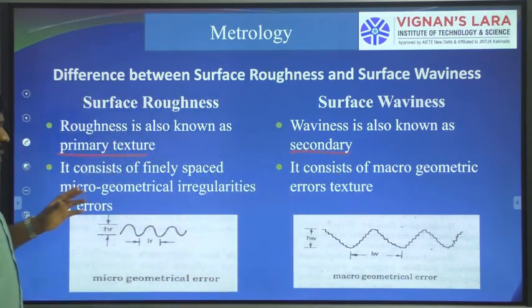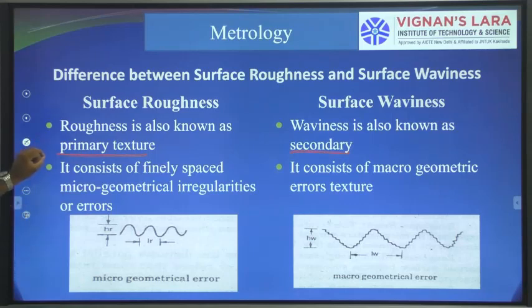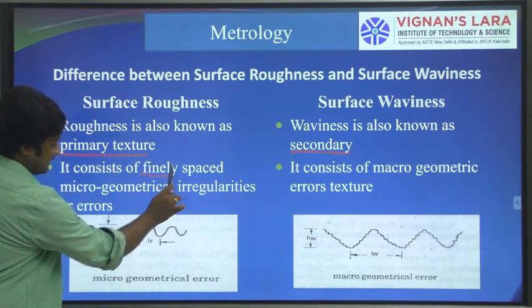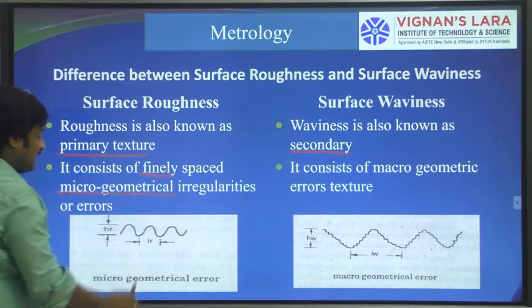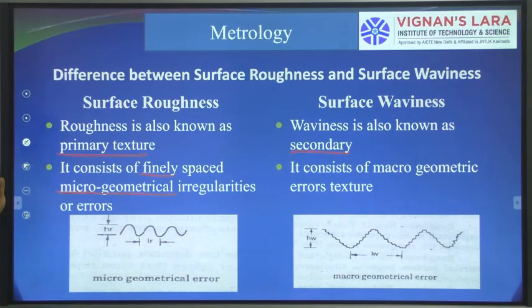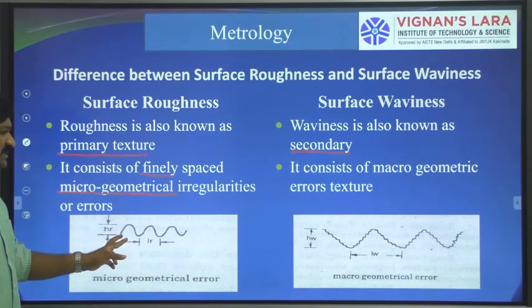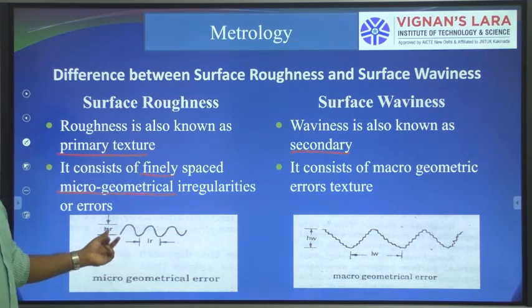Surface roughness is called primary texture, whereas waviness is called secondary texture. Next, it consists of finely spaced microgeometrical irregularities. Here if you observe in the figure, it consists of finely spaced irregularities, it means less space between one irregularity and the other.